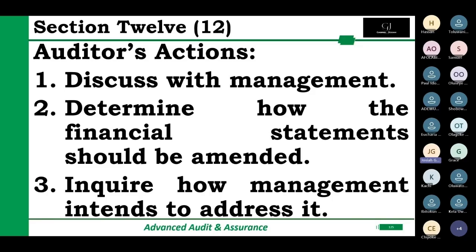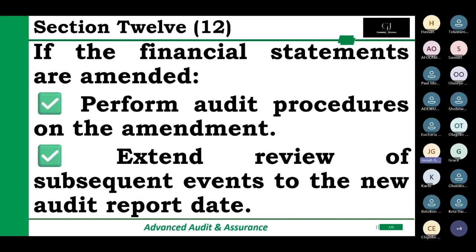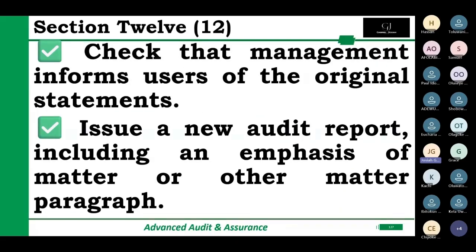Good question. Where management intends to address whatever he brings to the fore in the financial statements, it's good to go. That means they are cooperating with the auditor. He needs to do whatever he needs to do around performing audit procedures on what has been brought to his attention, or extend another review, or amend his report based on the information that has been brought to his attention, or, if this is a new discovery, include a new audit report.